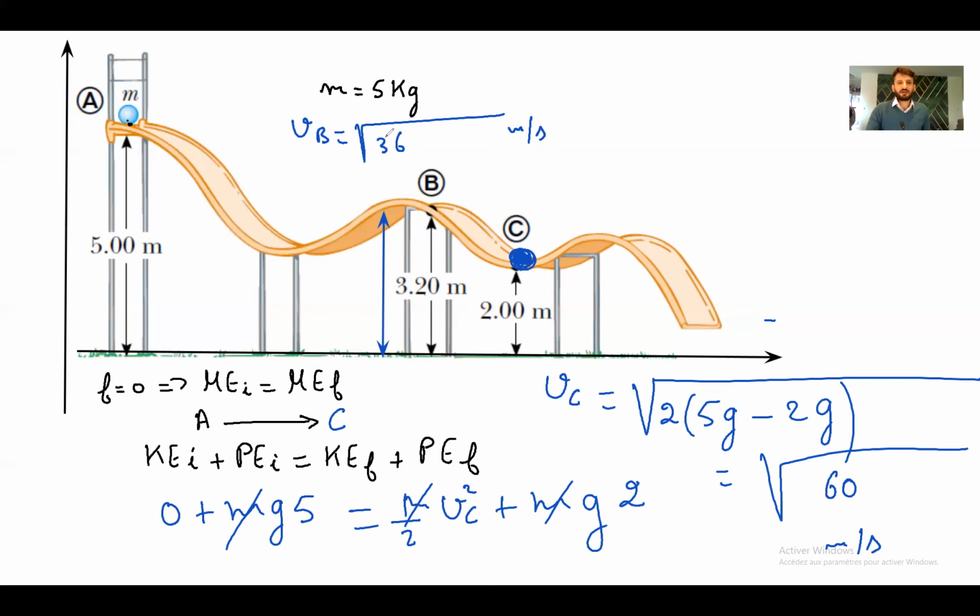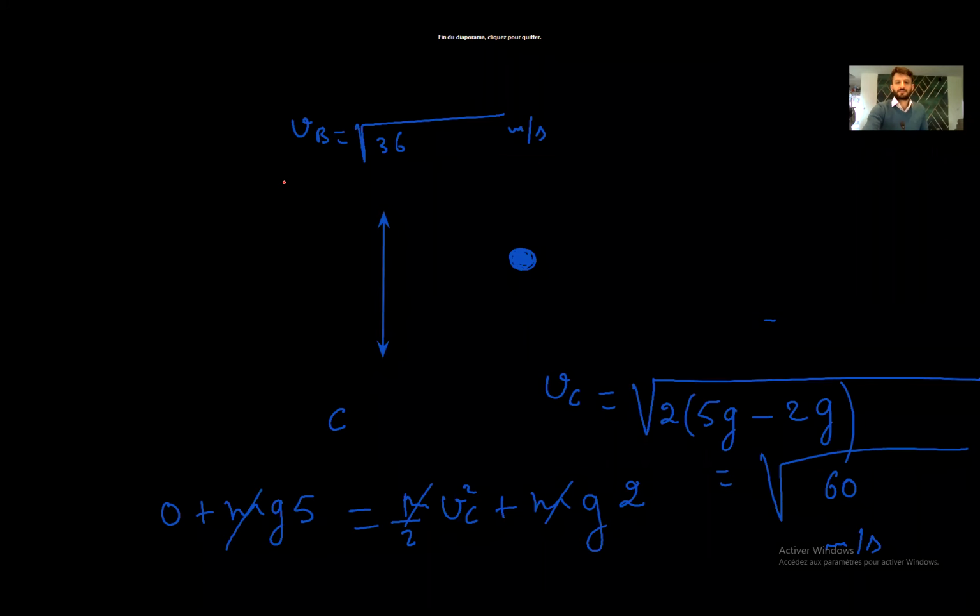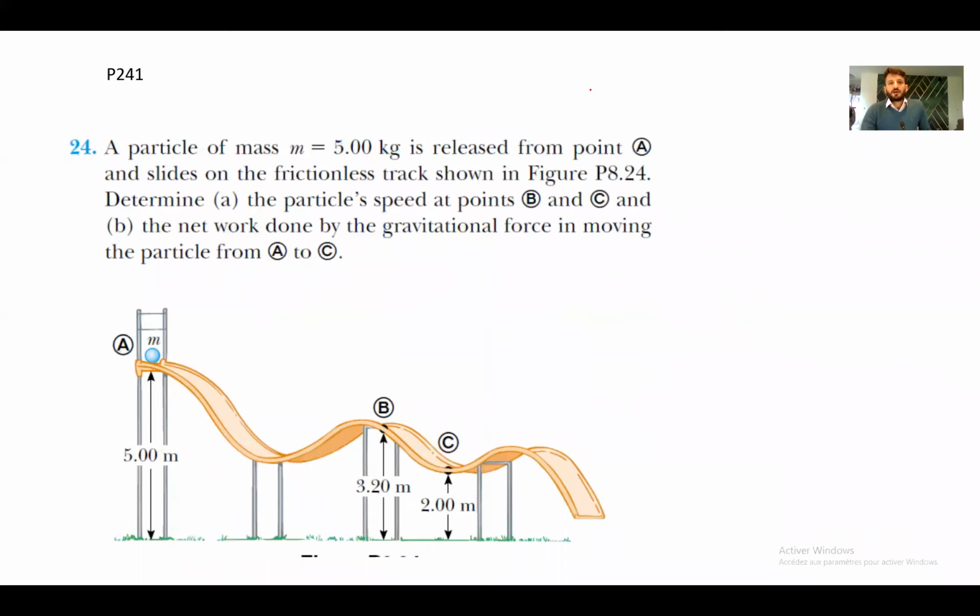I think we have part B. Part B, we have to find the network done by the gravitational force. We have to find omega done by mg in moving the particle from A to C. When the particle moves from A to C, I have to find this value.